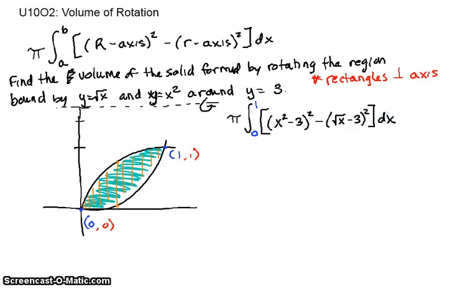Now we could do that by hand, we could use a calculator. We're going to skip that in the interest of time, but that's how we're going to set this thing up.